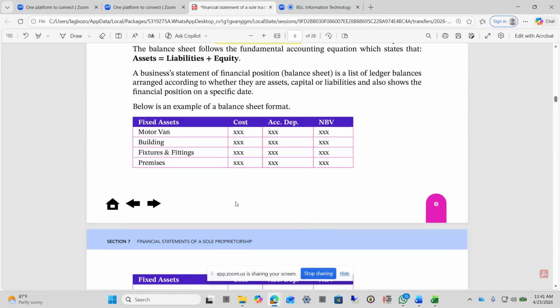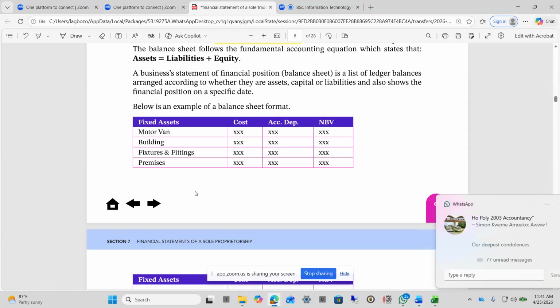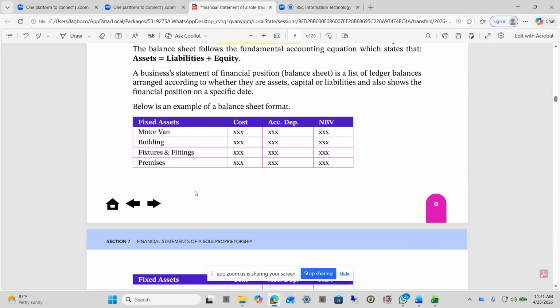the format or the layout of a typical statement of financial position, which is in this layout. Now, you just assume that the XX are figures. In our previous studies, when we looked at the financial statement, I told you that the balance sheet is divided into 3 main components: assets, liability, and equity.